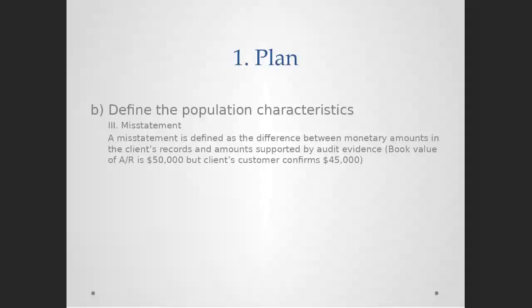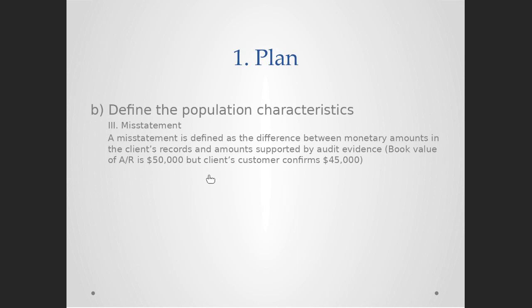All right? So this is the difference between what they say and what the audited value is. So this would be considered a misstatement, right? If you see that your audited value is not the same as the value shown in the client's records. So you have to determine how much would be considered a misstatement.